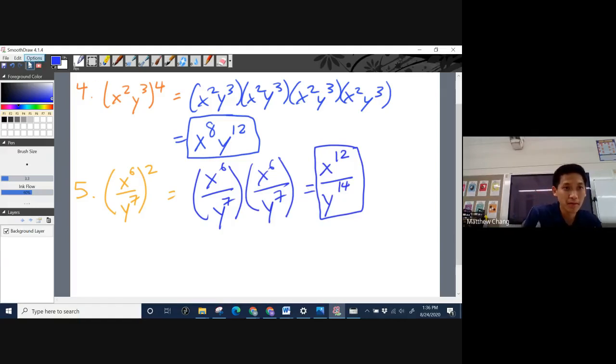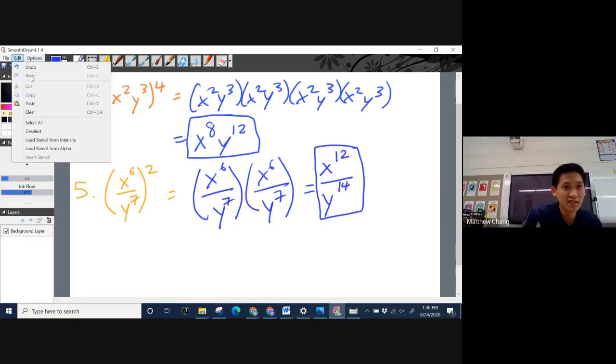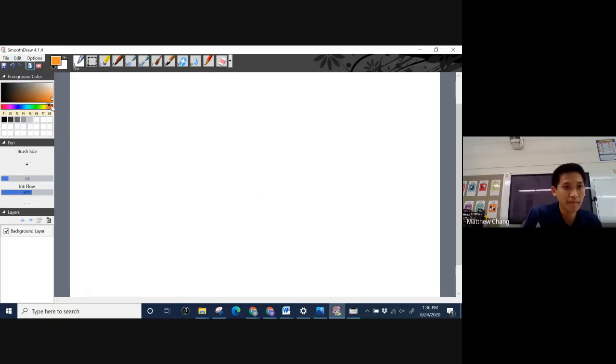Number 6, x raised to the 0 power. Again, as I mentioned, anything raised to the 0 power is 1. That one is easy. Now, x raised to the -3.